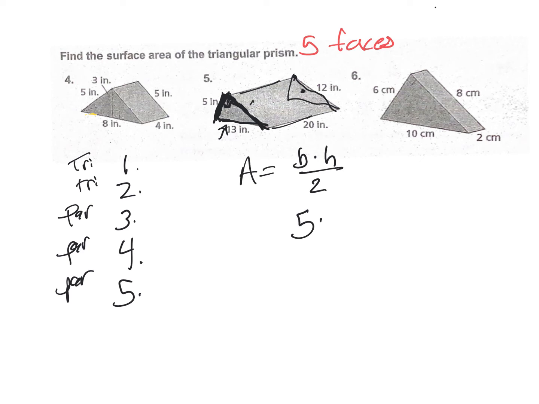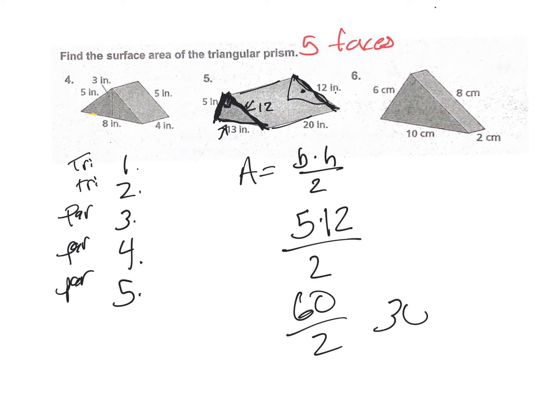The only way I can discover how long that is is by looking at this one right here, which is parallel to it. And it's 12. So I put 12 right there. So 5 times 12 divided by 2. 5 times 12 is 60 divided by 2, which equals 30. So this first triangle right here is 30. And I know I have this exact same one on the opposite side. That's 30 also. So I've got both of my triangles now.